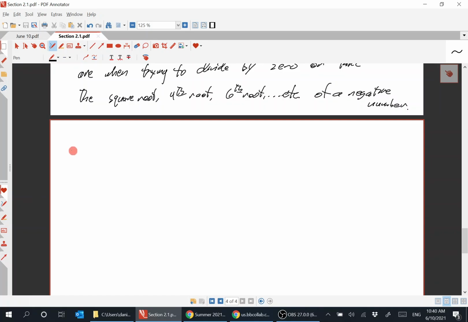Okay, so for example, find the domain for f of x equal to x squared over x squared minus x minus 6.